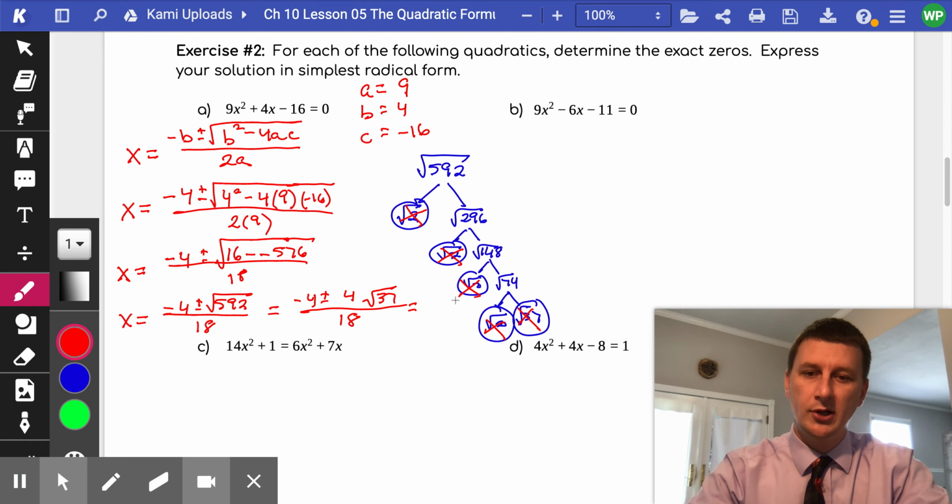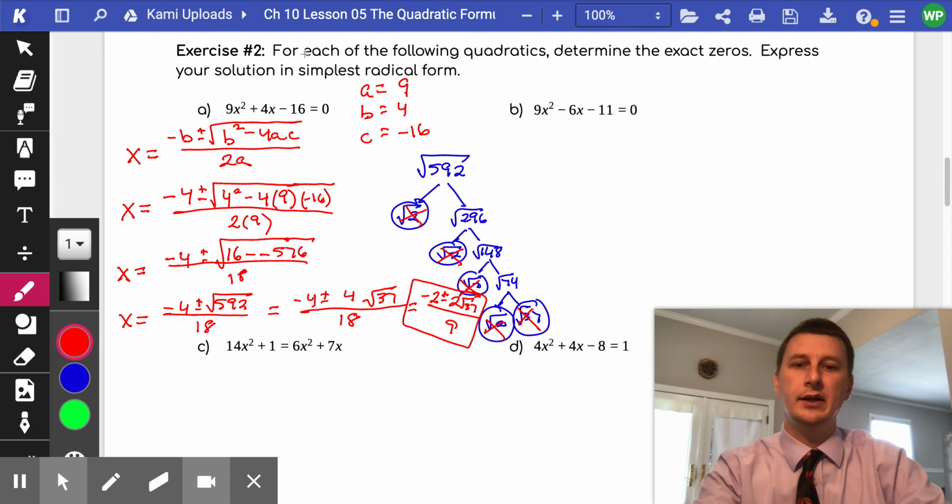So we just keep them all separate, and we're going to have negative 2 because I'm dividing everything by 2 here, plus or minus 2 radical 37 over 9. And this right here, if you can read that, is our final answer. Negative 2 plus or minus 2 radical 37 over 9. Nothing else could be simplified further.